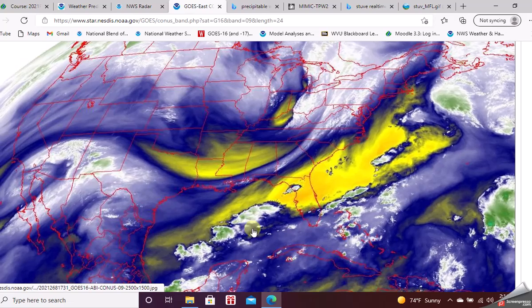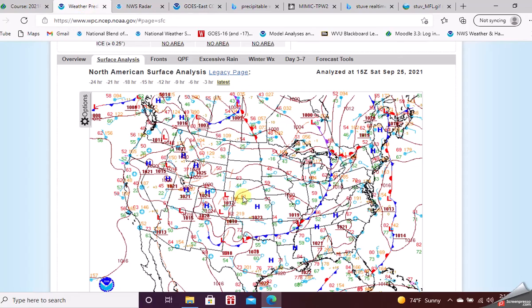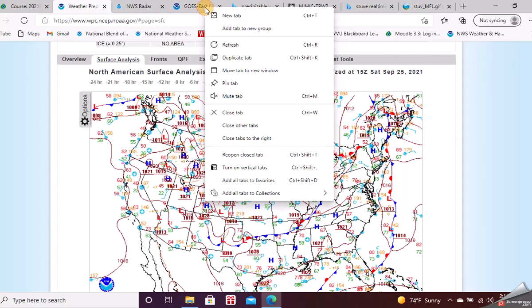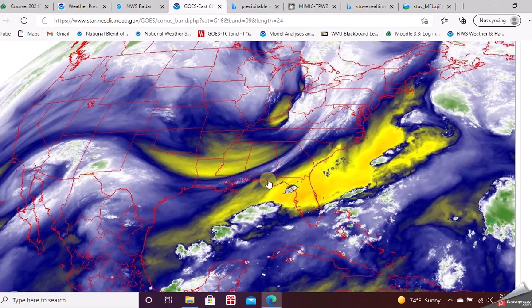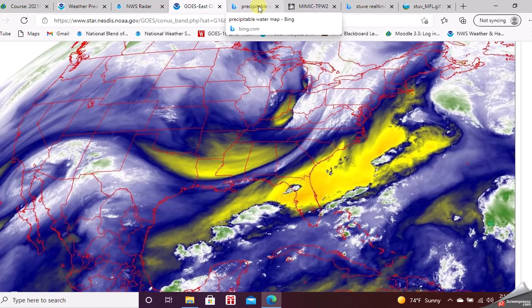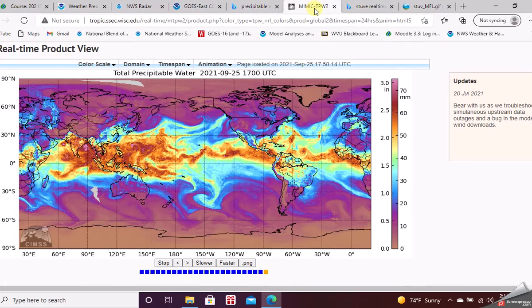Now you look down the Gulf of Mexico, and if you were to go back here, you'll see there's an old front down in the Gulf of Mexico causing lift. And we have lots and lots of moisture down there, causing thunderstorms. Precipitable water is just another way of looking at the total amount of liquid.